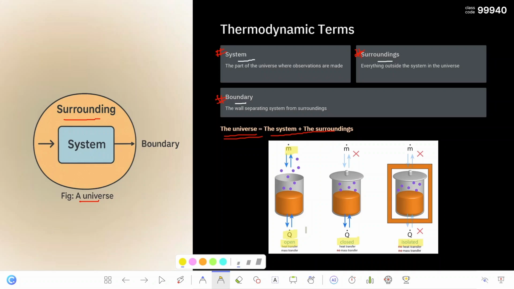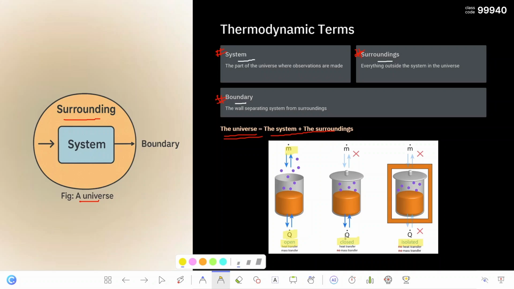If you are taking some reactants in an open beaker or open glass of water and it is hot, after some time that heat will get transferred from the glass to the surroundings. That heat transfer can occur from inside to outside as well as from outside to inside. At the same time, the mass can also get transferred. It can get vaporized and some quantity of water can go out. So mass transfer also occurs. Such systems are called open systems.